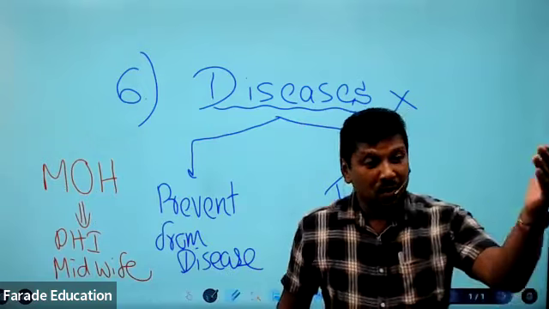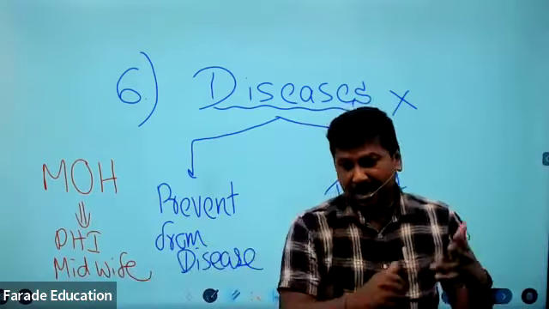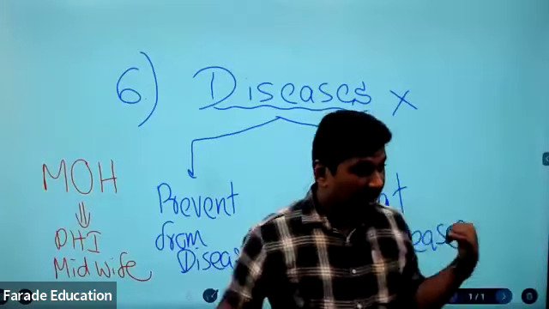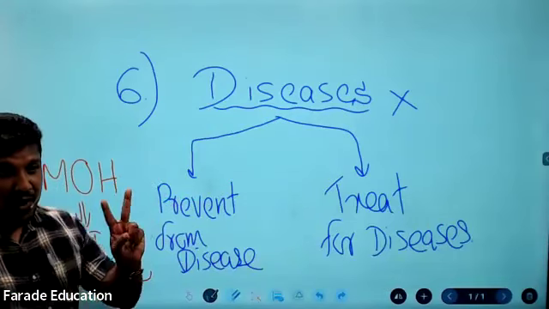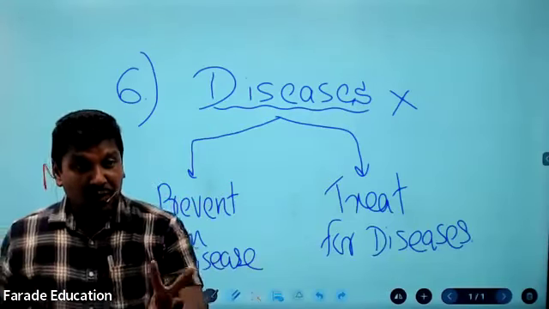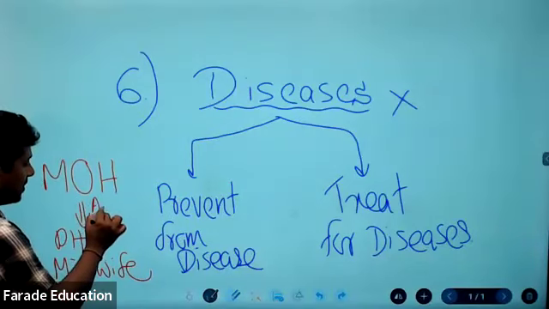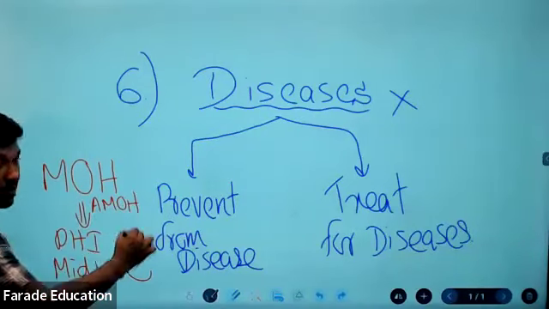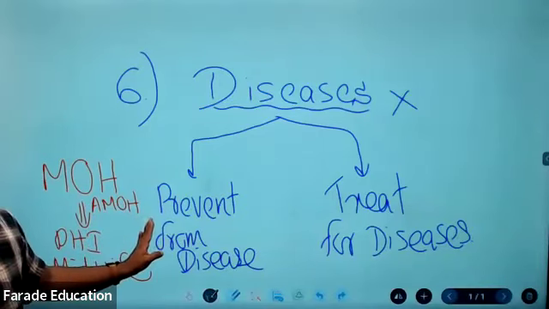So once you become doctors, you can select whatever place. You can become a doctor in a hospital, or a doctor in the MOH office. In an MOH area you have two doctors, the MOH and the AMOH. What do you mean by AMOH? Assistant Medical Officer of Health.